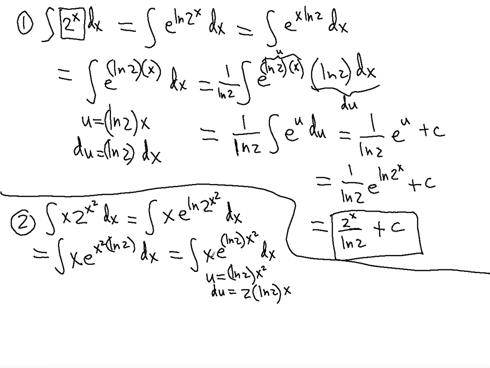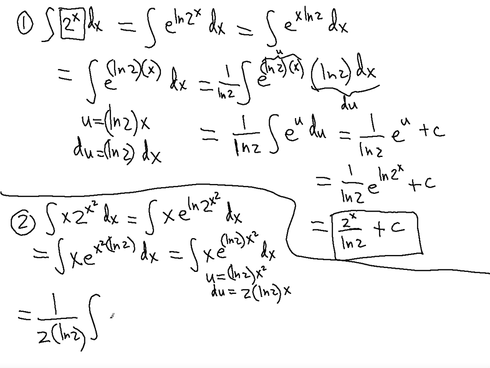Okay, so there's already an x there to help you, but there's no 2 ln 2. So you would have to divide this integral by 2 ln 2, to compensate for that du part, which is 2 ln 2. Right, so we're going to have as a result 1 over 2 ln 2, that's a constant outside the integral, that together with that x will give you the du, right?